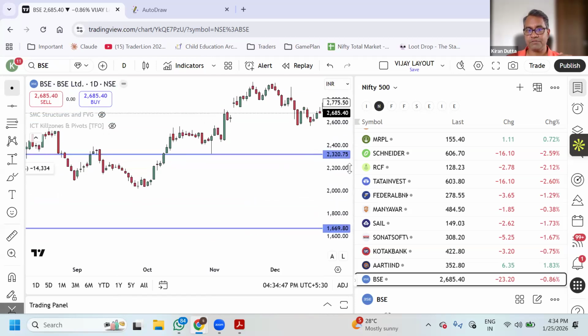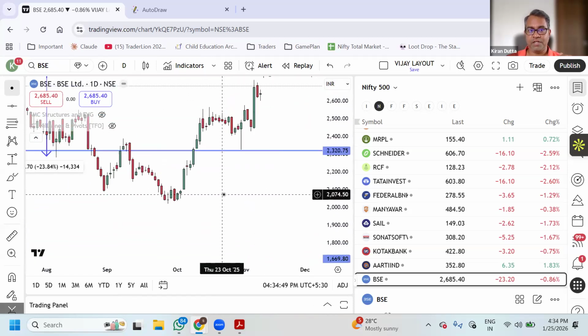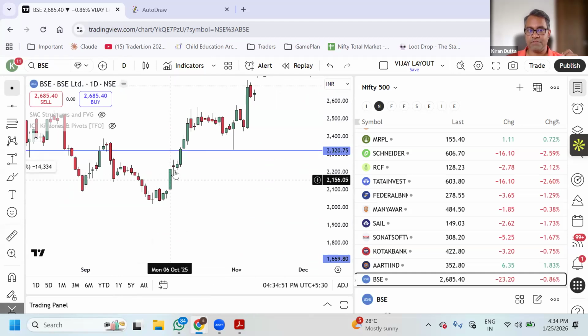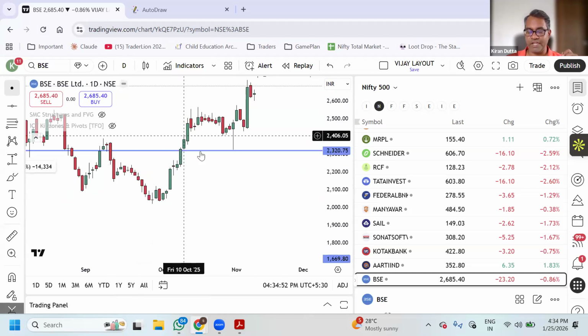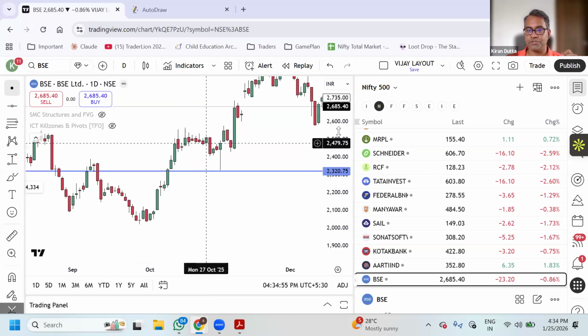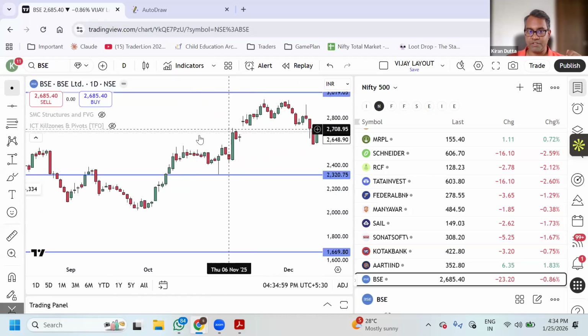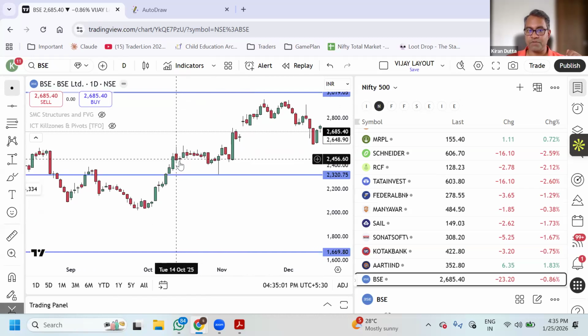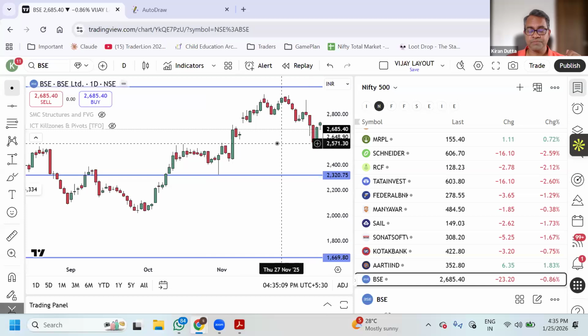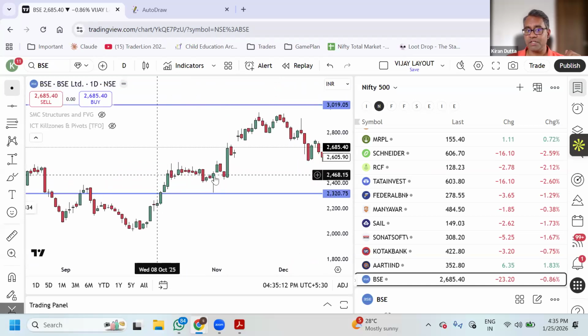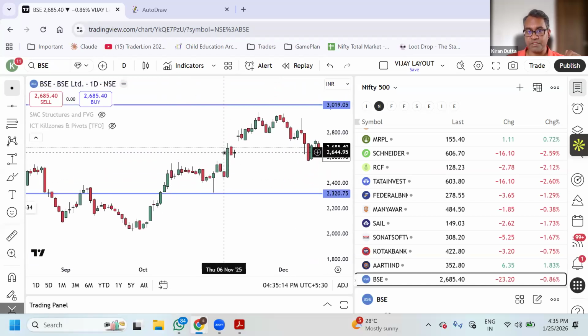If you see here, what happened? There it went up for 9 weeks, here 1, 2, 3, 4, 5 days, then here there is consolidation. Generally we get scared, and then it went up again, right? But how many days was it consolidating? 1 2 3 4 5 6 7 8 9 10 11 12 13 14 15 16, almost like we have 20 trading days in a month, so almost a month of consolidation, and then it went up, right?